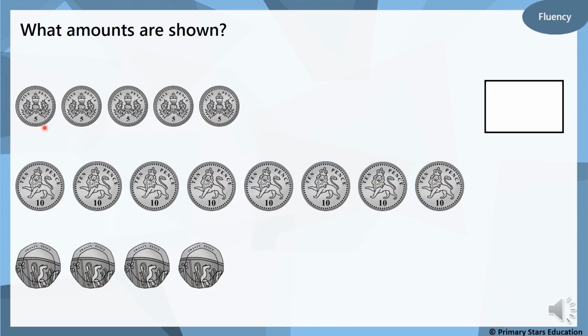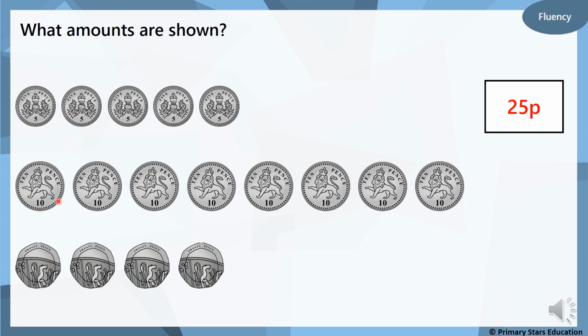And if we're looking at the next coins, the amount shown, we can see there are 5's written on each of these coins. So we're going to count in jumps of 5. 5, 10, 15, 20, 25. So how much money do we have? We have 25p.